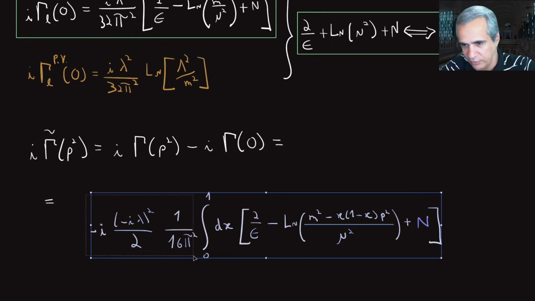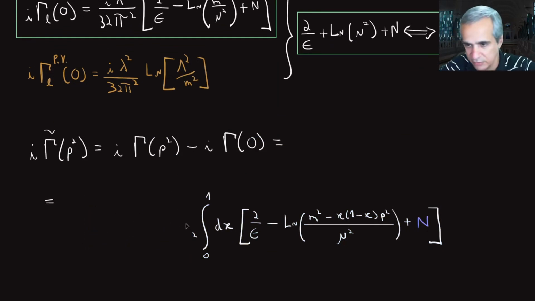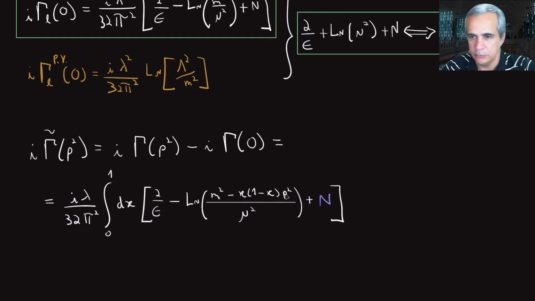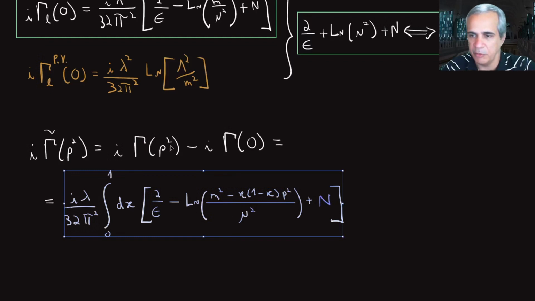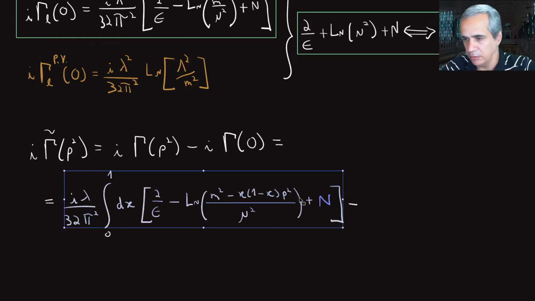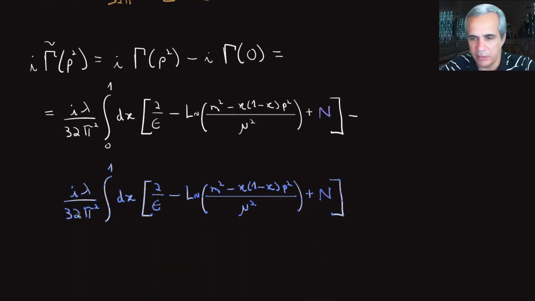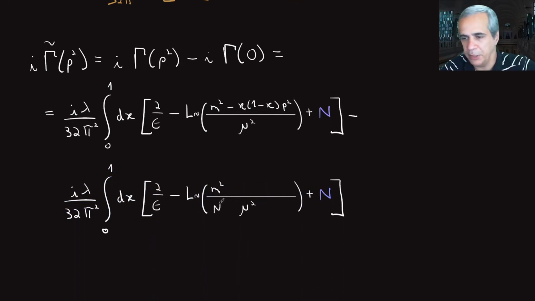I have to do the simplifications here again. So this is just i lambda over 32 pi squared times i gamma of p squared. And of course, the i gamma 0 is the same thing without this part, because p squared is just 0.